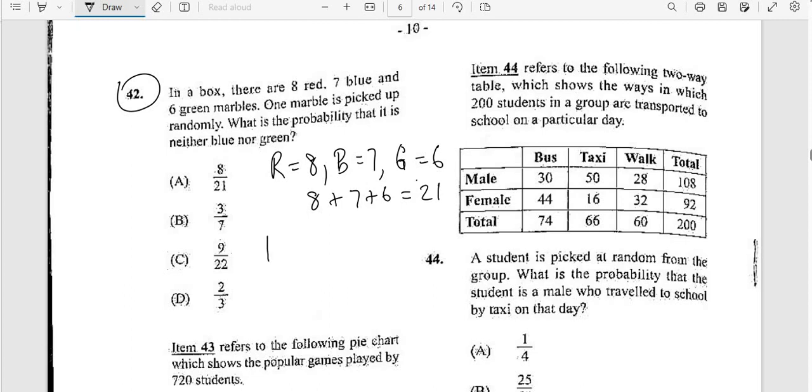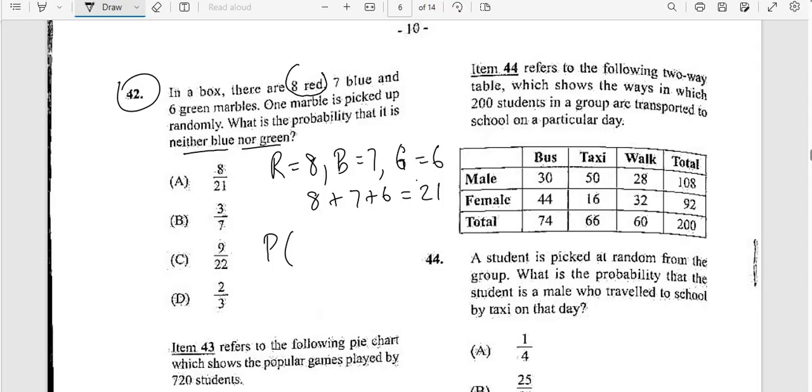So the probability of picking neither blue nor green. All right? So we need to ask ourselves, how many marbles we have that are neither blue nor green? 8 marbles.